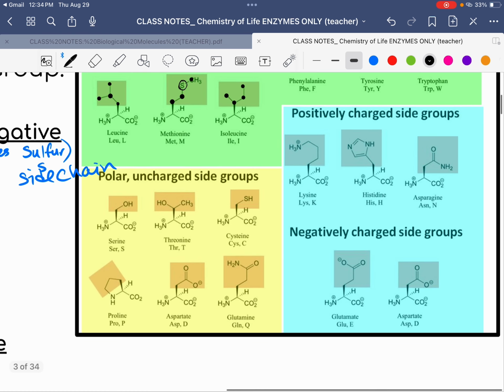Okay, but if you see them at the end of the side chain of that carbon-hydrogen chain, then typically this is a more polar property, right? Electrons are going to get pulled towards these ends here. The electrons will get pulled towards these ends. Okay?